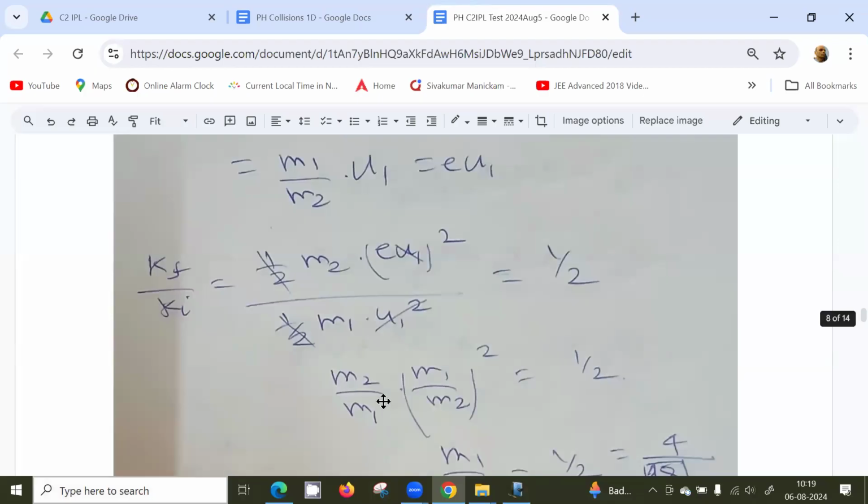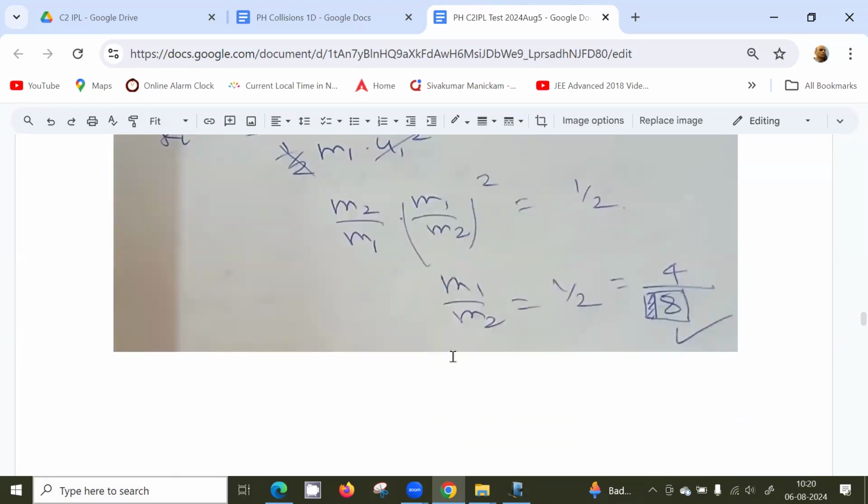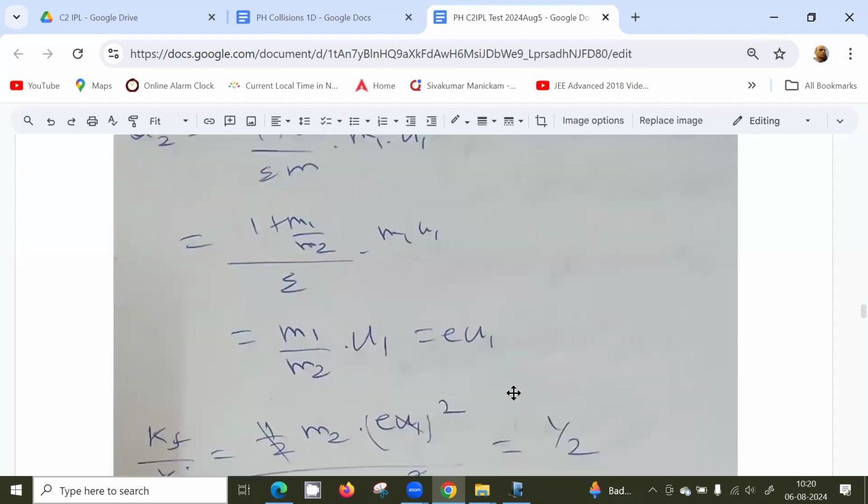So final kinetic energy is half M2 V2 square, because the first mass is coming to rest, it's given in the question. And initial kinetic energy is of the first mass only, because the second mass is at rest. So this ratio is given as half, and I know this in terms of U1. So from this I get the ratio of M1 by M2 as half, which is 4 by 8. Sorry, the value of N is 8. It's an integer question, numerical value. Okay. Is it clear?